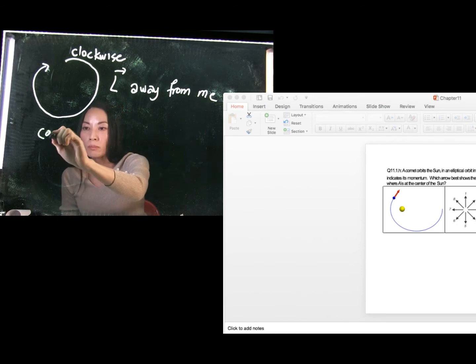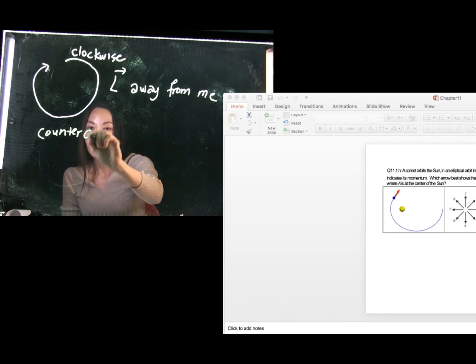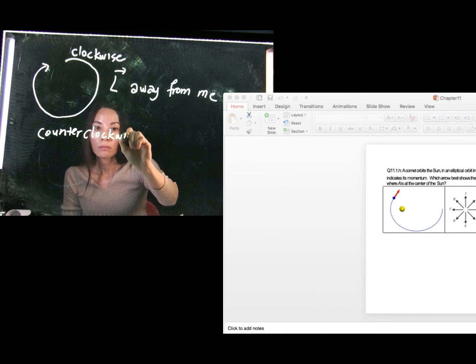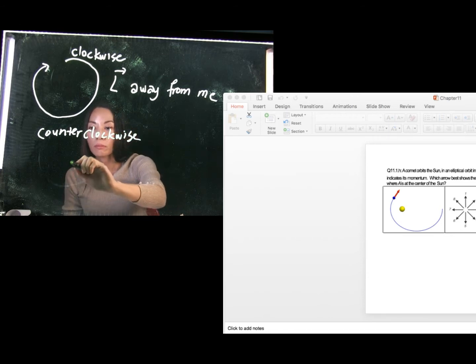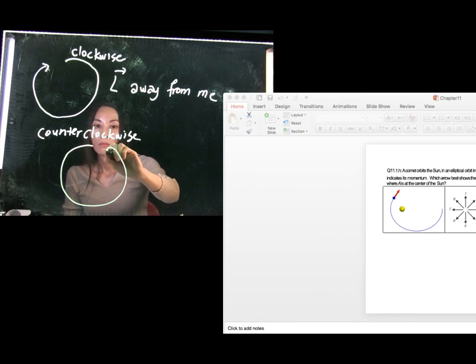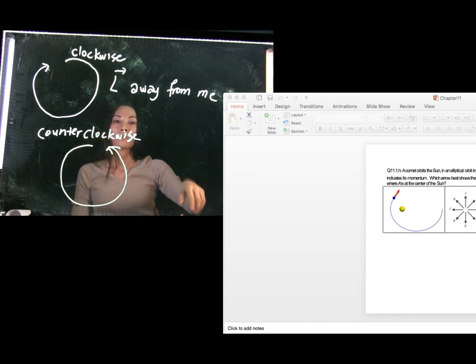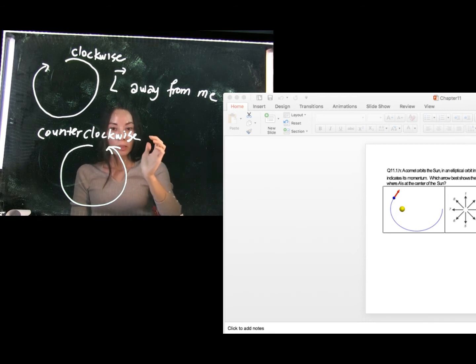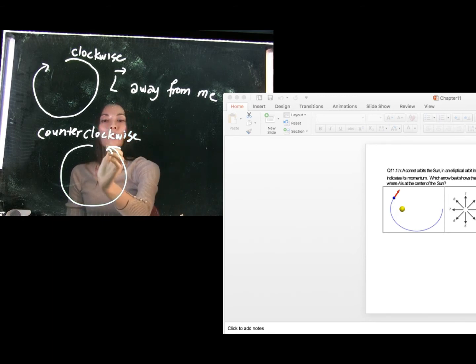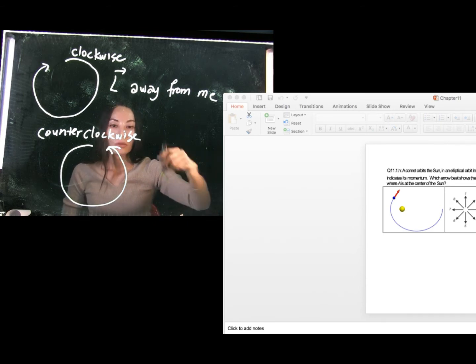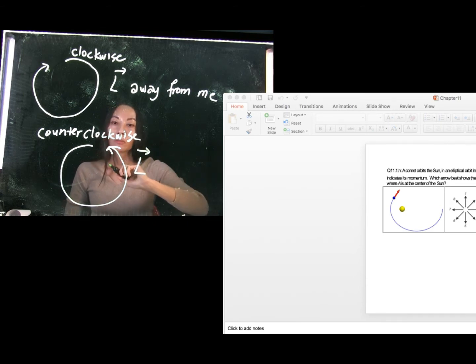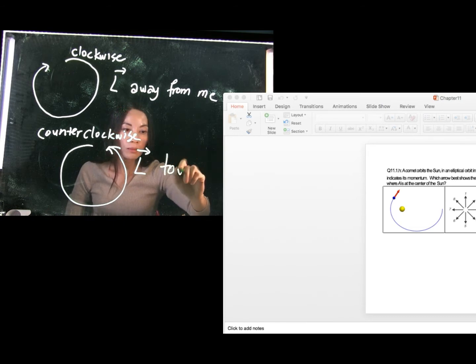But if the comet is rotating counterclockwise, then again using my right hand only, I curl my fingers in the direction of motion, then my thumb points towards me, and so the angular momentum direction is towards me.